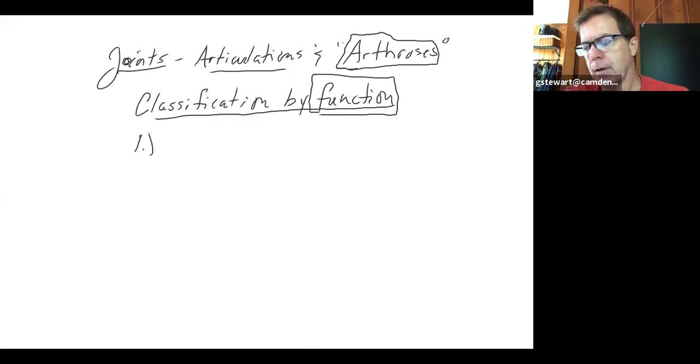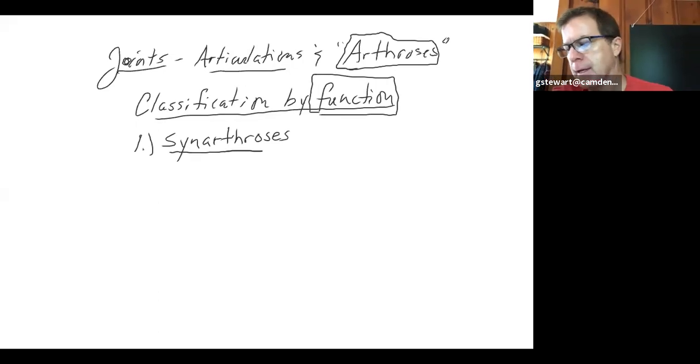First one are called synarthroses, S-Y-N. So you can see the word arthroses in there, that just means joint. That's a noun, synarthroses. If you hear me say synarthrotic, that's an adjective describing this type of joint, okay?